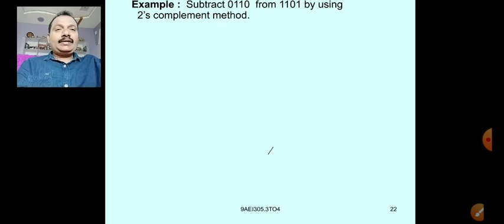Example, let us consider one example. Subtract 0110 from 1101.